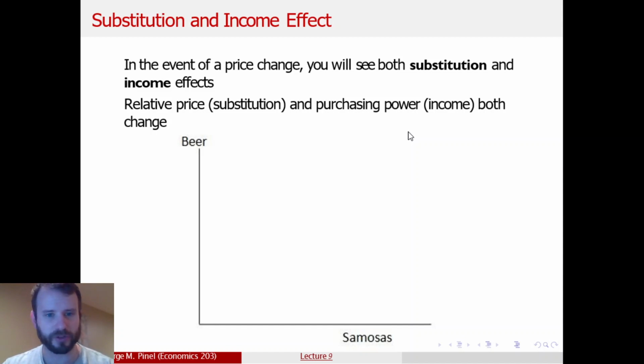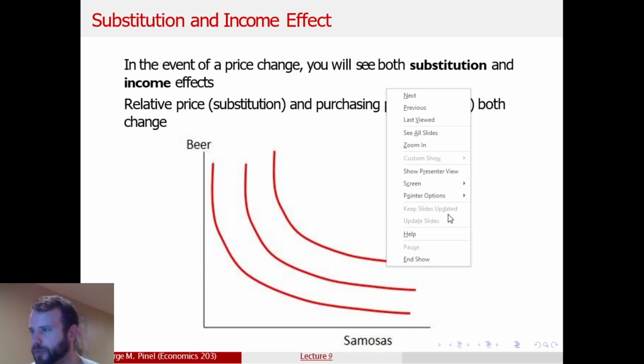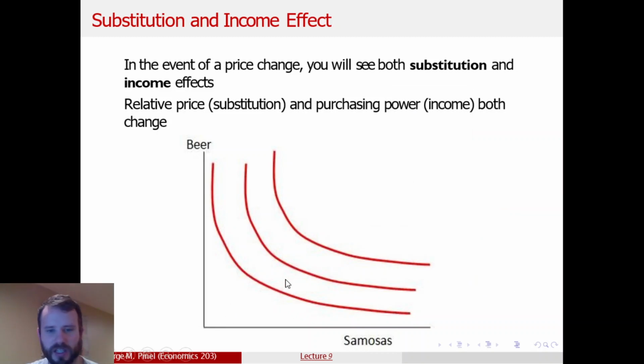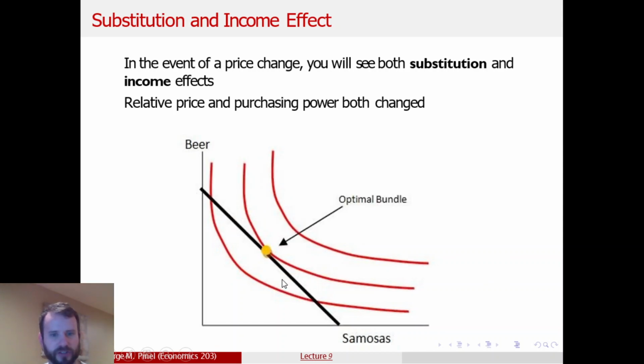Okay, so if you have beer and samosas, you have different indifference curves. Presume that you like both beer and samosas, such that the indifference curves increase as you go further away from the origin. If this is your first budget constraint, and let's say the price of beer increased, the optimal bundle will be here, this little yellow dot.